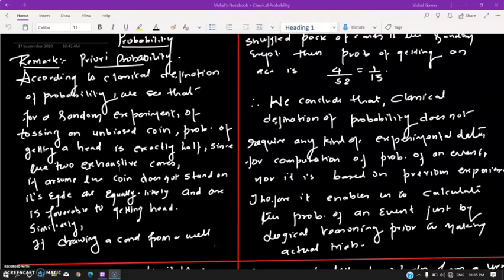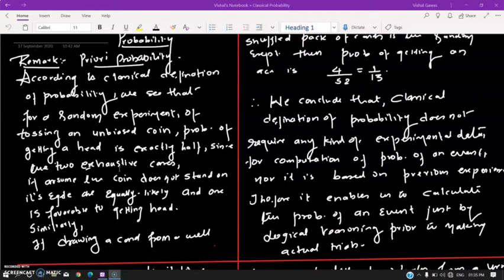Similarly, if I draw a card from a pack of well shuffled cards, and that is my random experiment, then what's the probability that I would pick an ace?